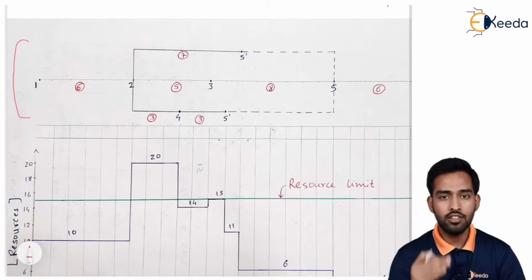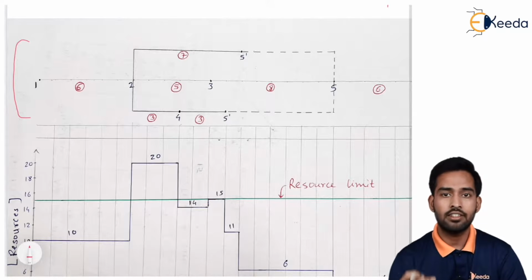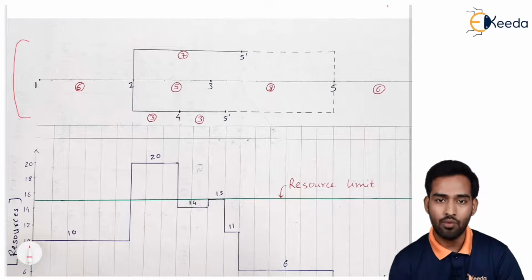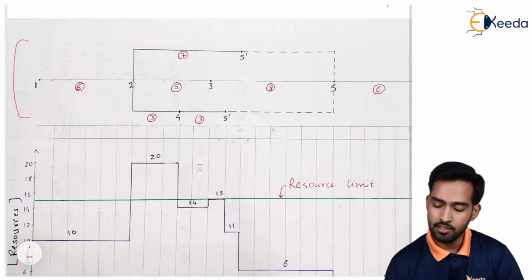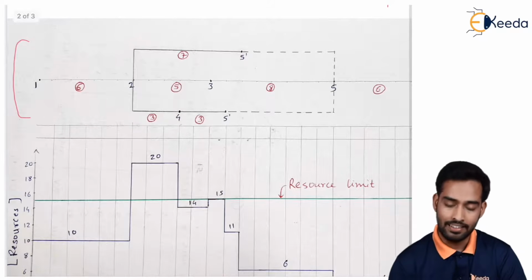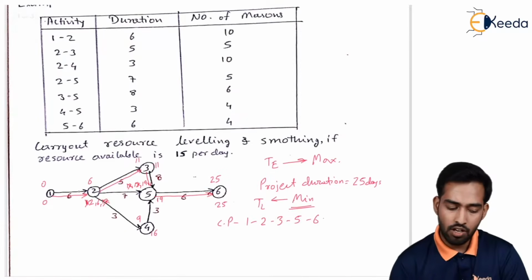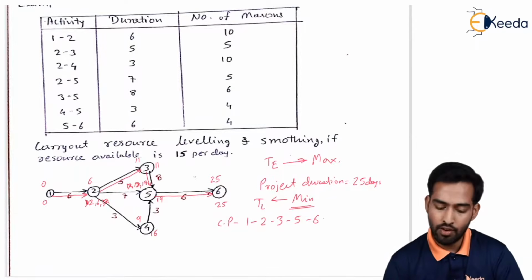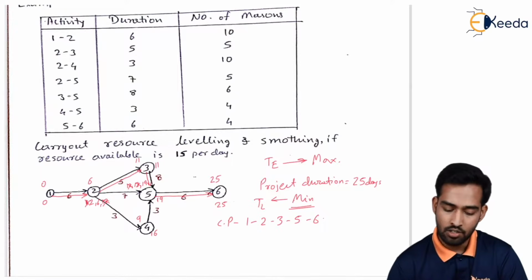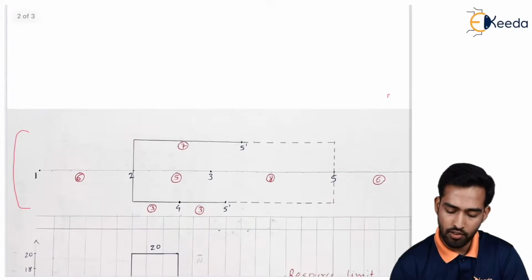Now first we have to calculate the number of machines required for these particular days. As you can see over here, for activity 1, 2 we require 10 machines, and for 2, 4 also 10. So we'll write down the number of machines required over here.